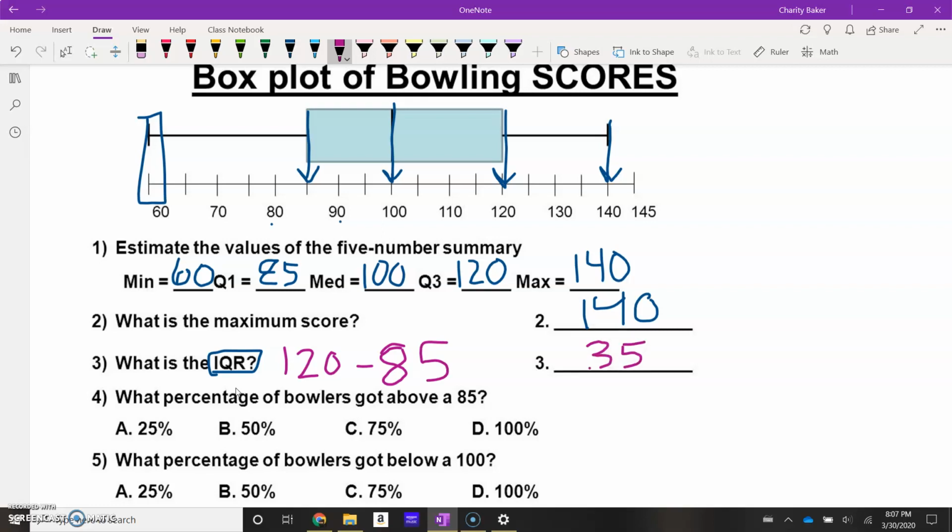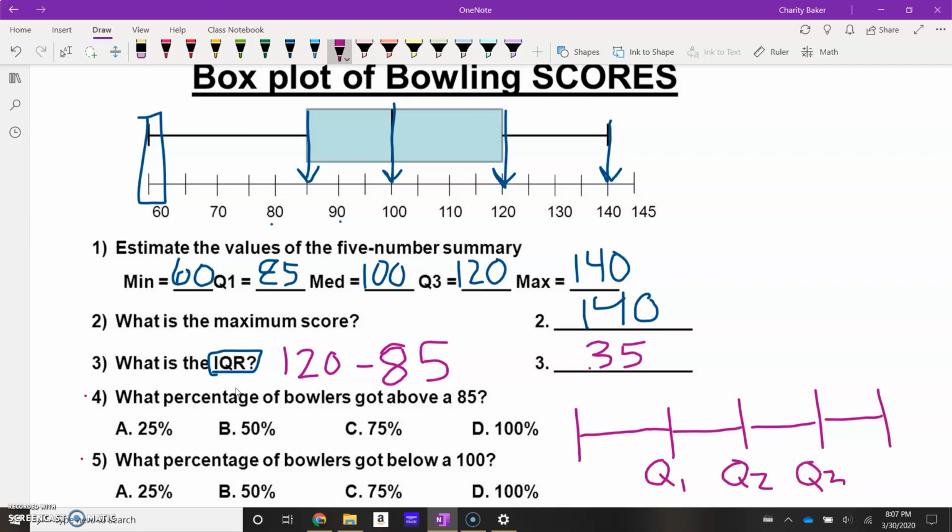Okay, let's get down here to the questions about percentages. These last 2 questions, number 4 and number 5, are about percentages. So let's remember that our data is divided into 4 pieces, right, by Q1, Q2, and Q3.